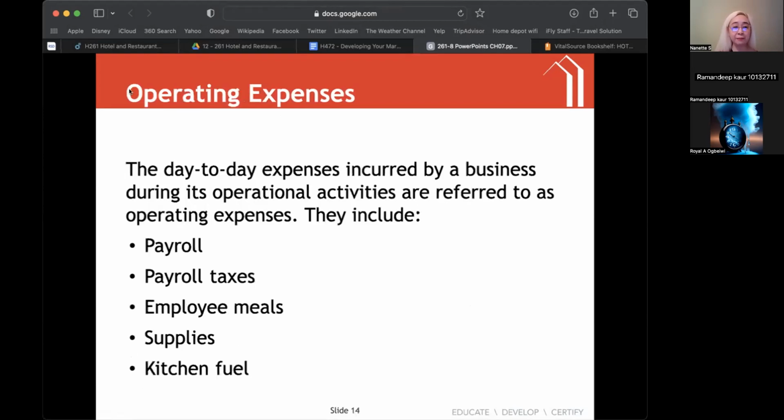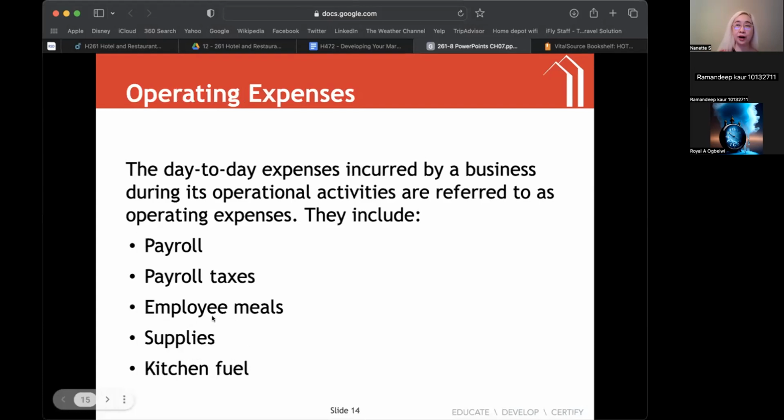Okay, so going back to operating expenses, you can lessen or increase your operating expenses depending on your business situation. So if you need more people, if you are doing an event or catering, then you have to pay more for your operating expenses.